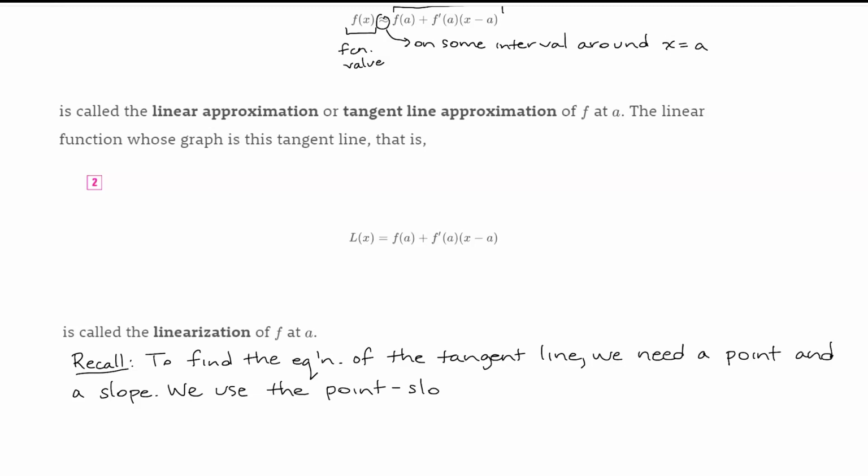Now when we're creating the tangent line equation, we use the point-slope form of a line, right, because we have a point and a slope.